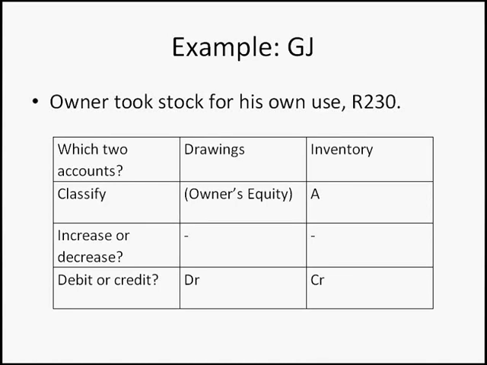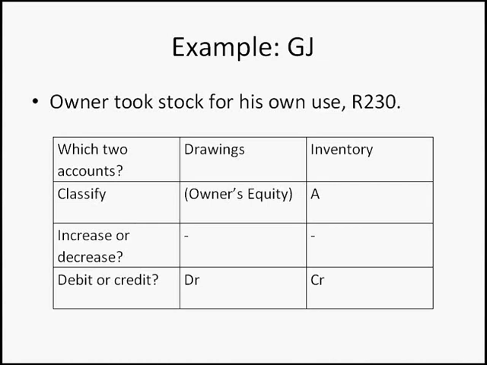Drawings can be seen to have a similar effect to an expense, but it's not an actual expense. What it does is reduce my owner's equity, because the owner now does not have such a big stake in the organization anymore because he took some stuff for his own use, which means that the owner's equity actually reduces, and owner's equity reduces on the debit or on the left-hand side.